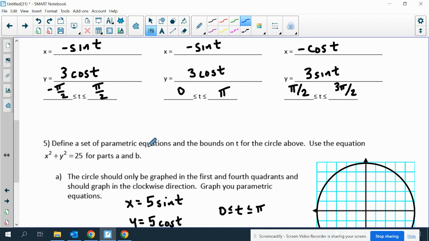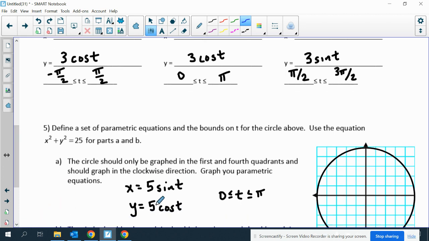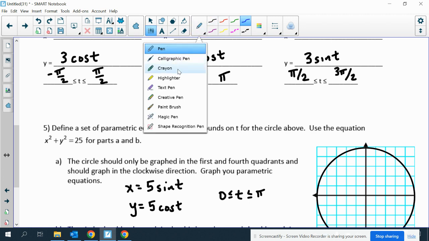Finally, let's do a set of parametric equations and bounds on these circles. So if I have a circle of radius 5, and it's only supposed to be graphed in the first and fourth quadrants, and it's supposed to be clockwise, I can put the sine first with x and the cosine with the y, and then that will move me in a clockwise direction.